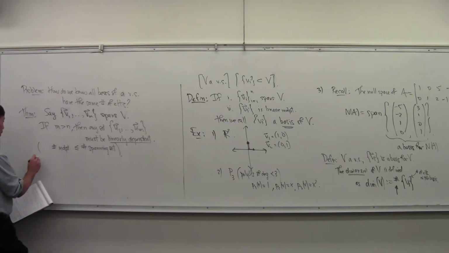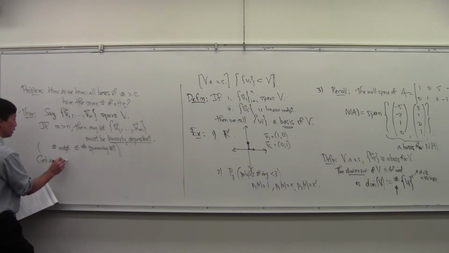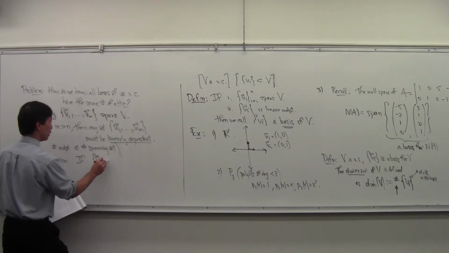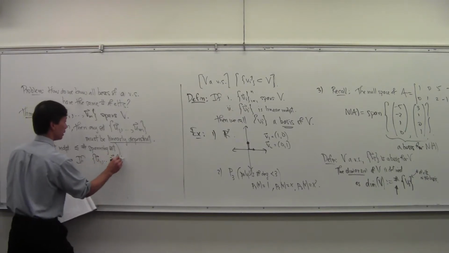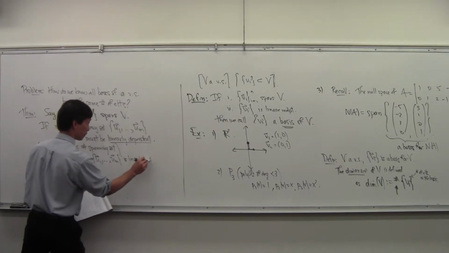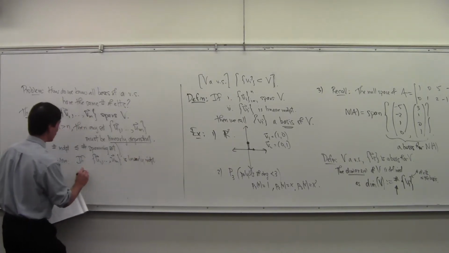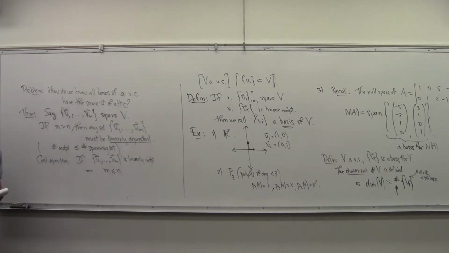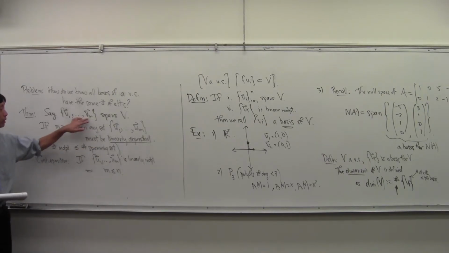Because if you take the contrapositive, it says that if u1 through um is linearly independent, then m must be less than or equal to n. Then they must have fewer elements than the spanning set.